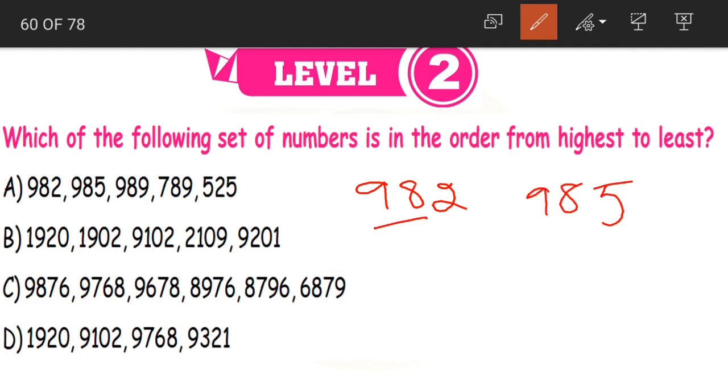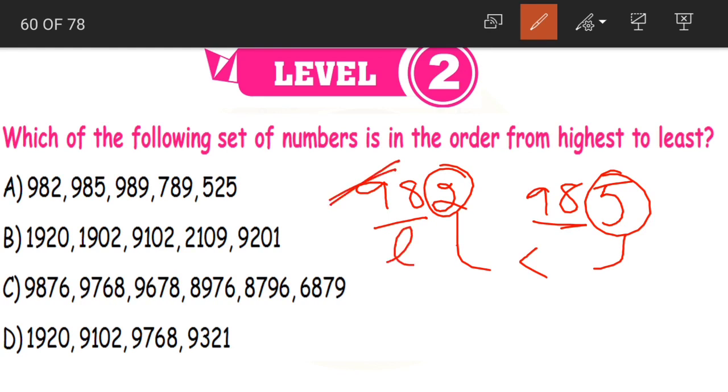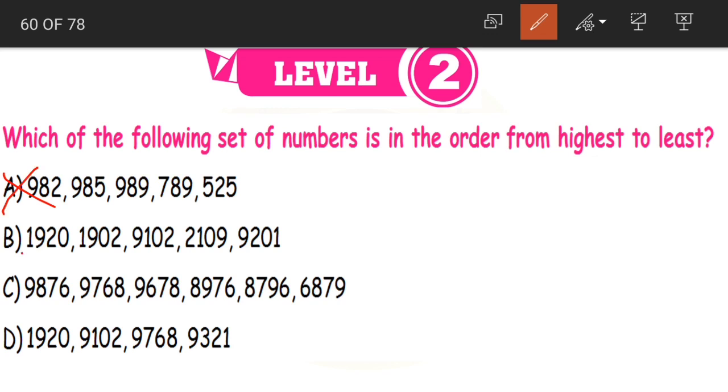See, first two digits are same. So we'll compare the third digit, 2 and 5. Yes, 2 is less than 5. This is the lesser number and this is the higher number. Lesser number is written first. But what should be there? Highest should be written first. So is option A in the correct order? No. So option A is our wrong answer.